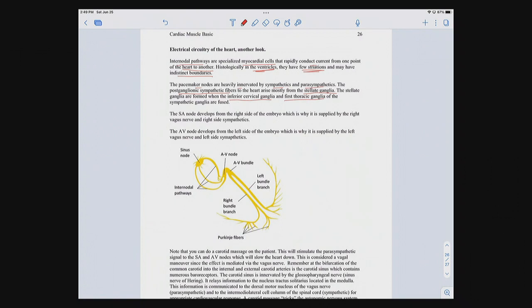Some people have a stellate ganglia, some people don't. Some have a separate inferior cervical ganglia and a discrete T1 ganglia. When that happens, the input can be from one or the other to the heart. But if they're fused, then it's coming from the stellate ganglia itself.